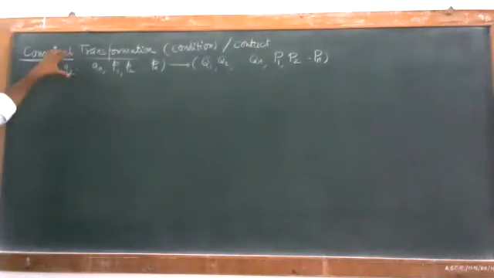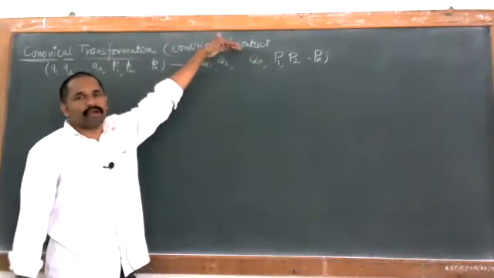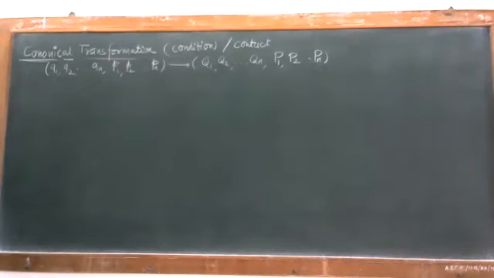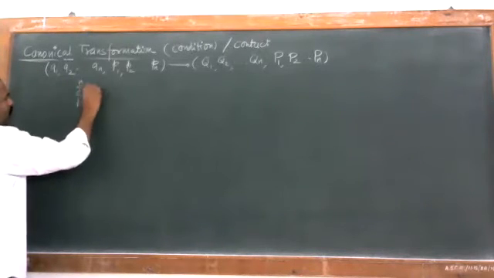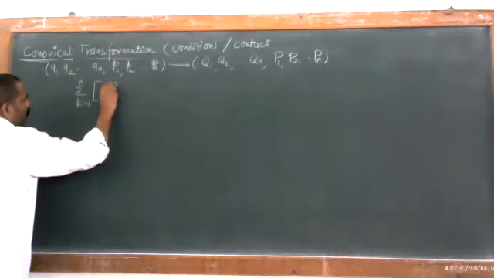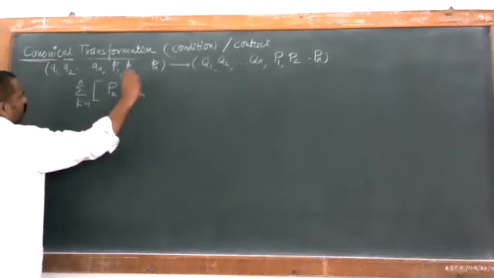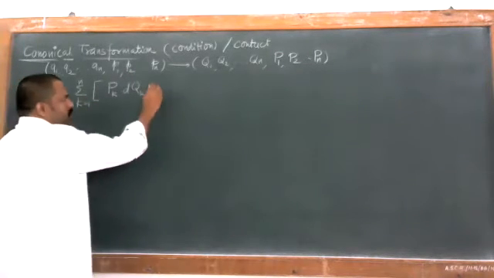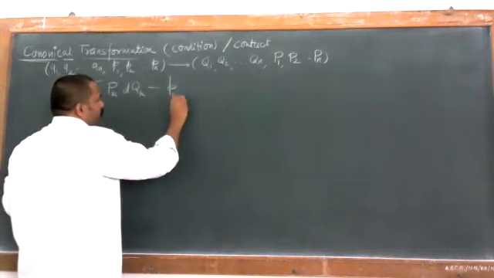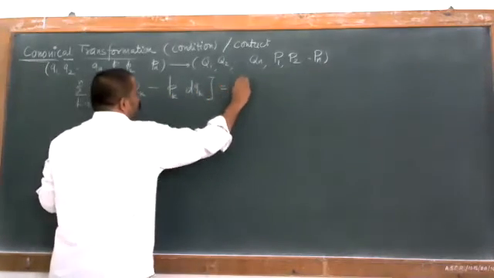The transformation from old coordinates to the new coordinates is canonical, or a contact transformation, if we have the condition that the summation over k equal to 1 to n of capital Pk into dQk minus small pk into dqk is equal to theta.